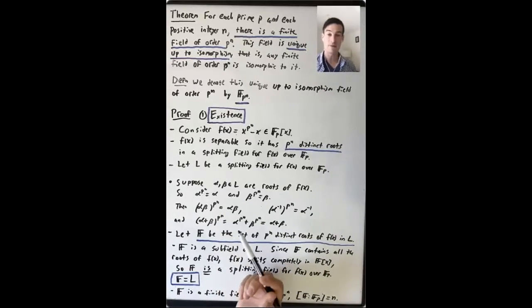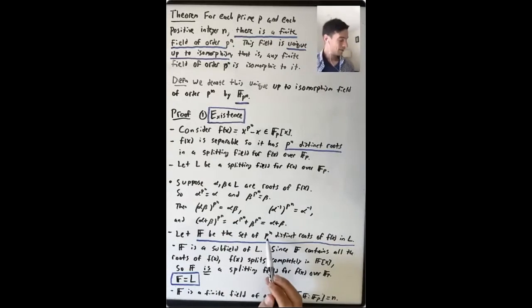So what we are seeing with all these relations is that if you let F be the set of p to the n distinct roots of f(x) in L, F is a subfield of L. It's closed under addition, subtraction, inverses, multiplication, you name it.